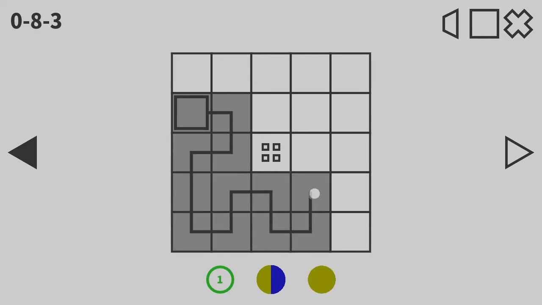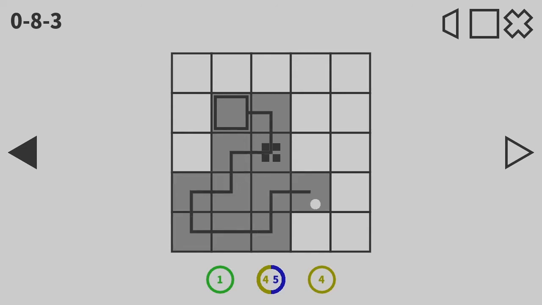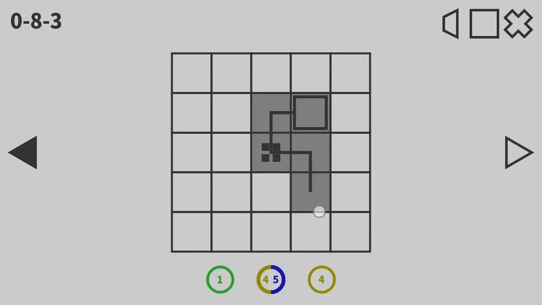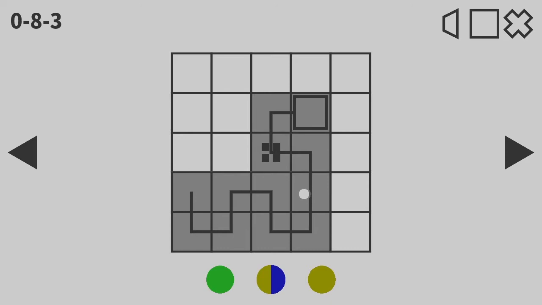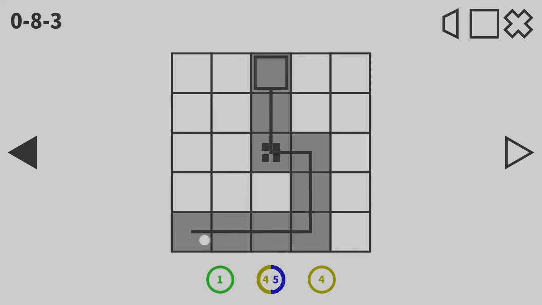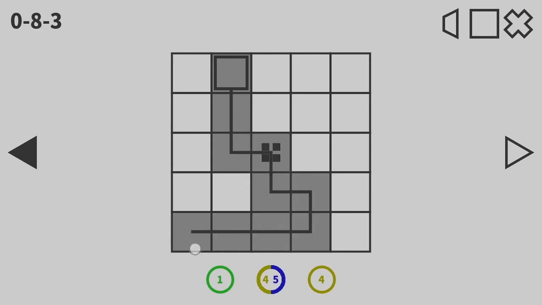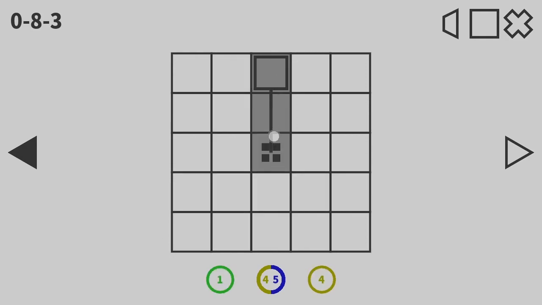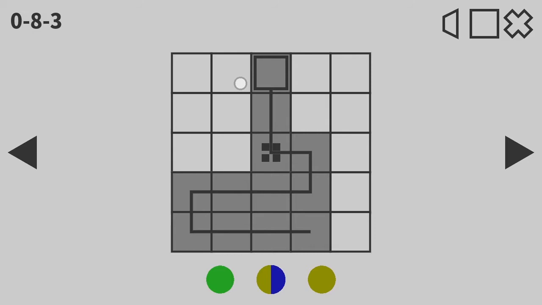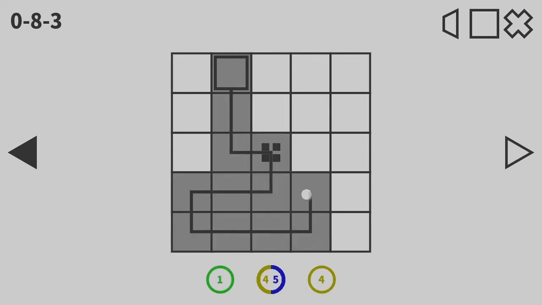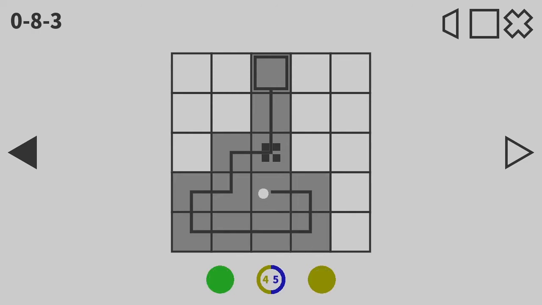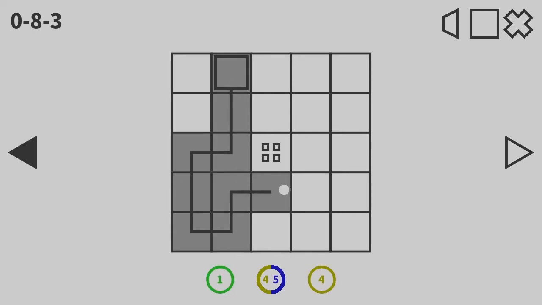Like, does this work? That works. If I then move this along, still works. Move this along, still works. If I extend you out, still works. If I shuffle this thing along, doesn't work. So that works. That doesn't work. Does that work? I would hope not. That does.